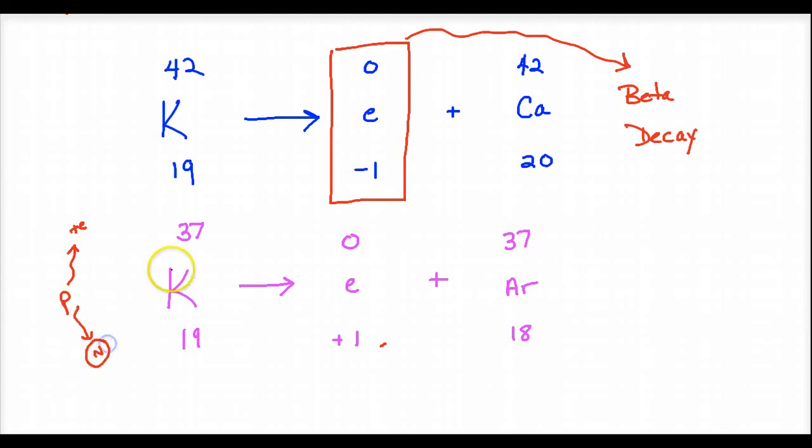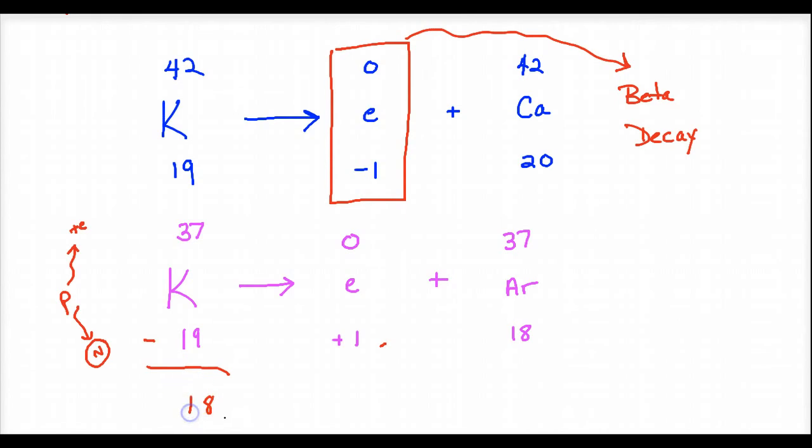So what this nucleus did, you notice it has 37 atomic mass, and this is 42. So this radioisotope has really two fewer neutrons. There's not enough neutrons in this nucleus. Now to get neutrons, you should be able to subtract here. 37 minus 19 is what, 18?